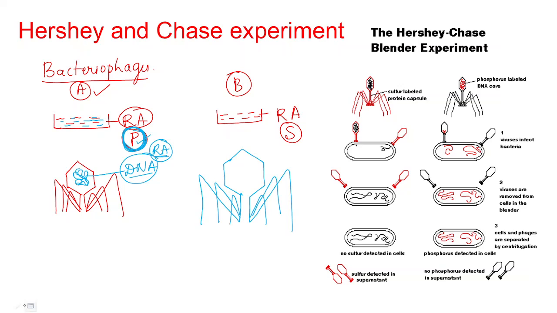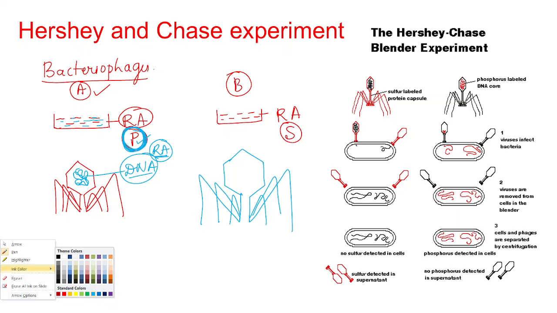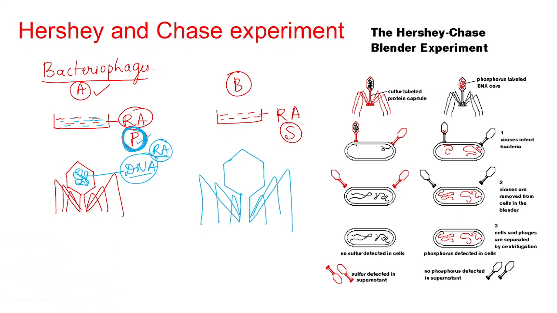Because they have given radioactive sulfur in the medium. If the sulfur is radioactive, the radioactive sulfur will enter into the protein, because proteins contain sulfur. That is why the radioactivity was found in the outer protein coat, and the DNA inside was left normal as it is.